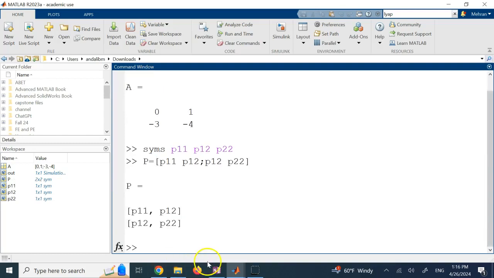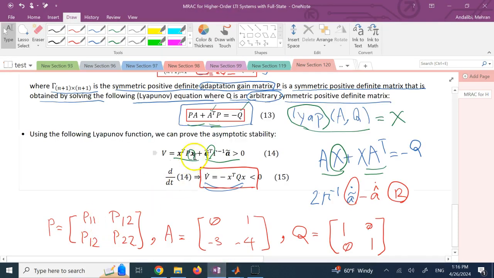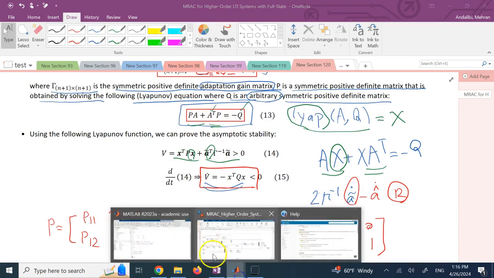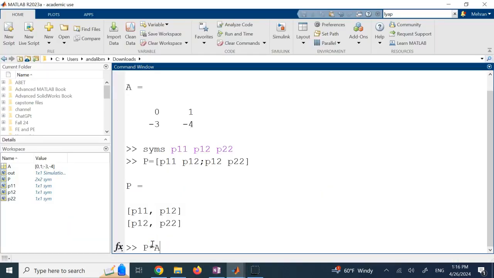And then we say what? We say, as I said, PA plus A transpose P. So P times A plus A transpose times P equals negative Q, which is 1, 0, 0, 1. And since this is a symbolic equation, you have to use a double equal sign.